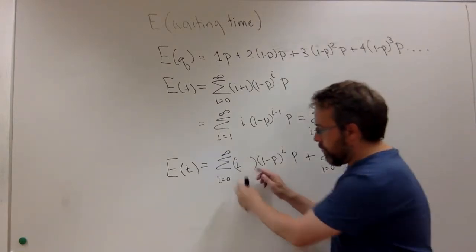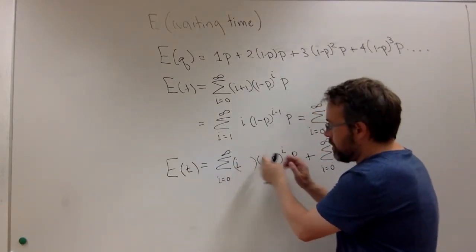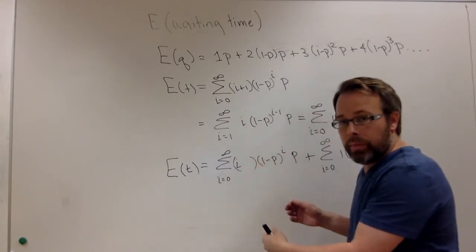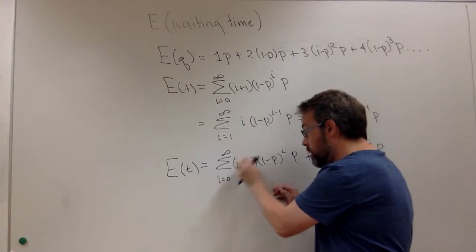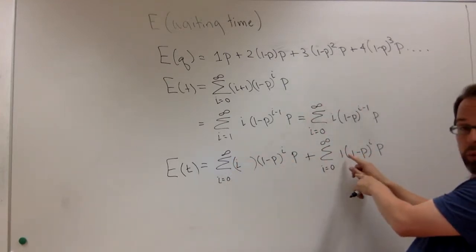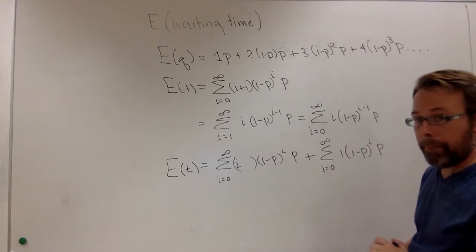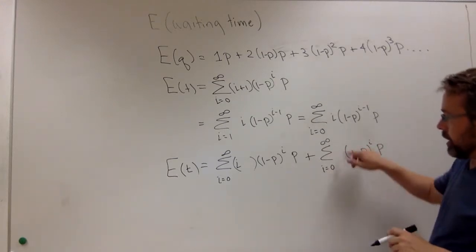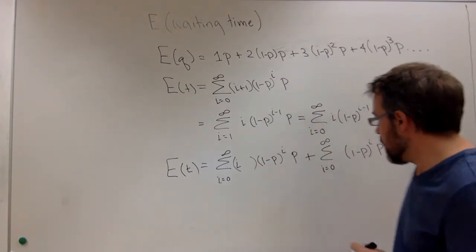All we're doing here is, if we're multiplying i plus 1 times some value and then summing them all up, that's the same thing as multiplying i times this value, plus 1 times this value, and then summing it all up. And we can just get rid of that 1 because we don't need it.